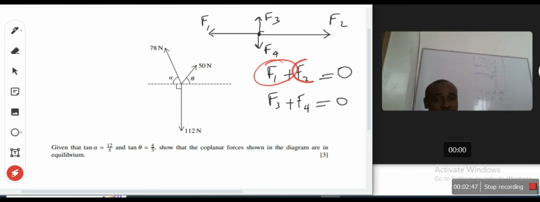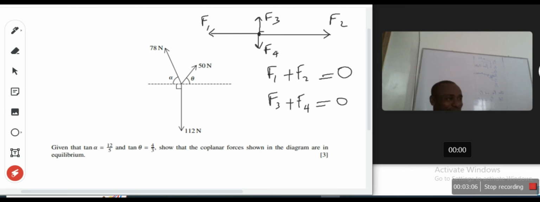F1 and F2 are the ones acting in the same plane, one to the right, the other one to the left. So whenever you are doing this, please take note. F1 and F2 are equal to 0 when added together.